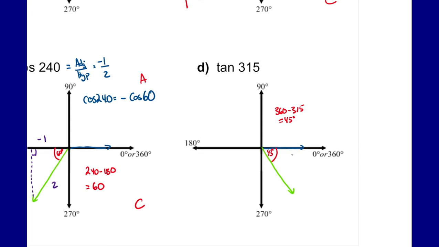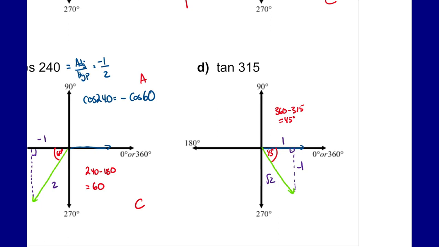If I make a right angle triangle, you can see it's going to form a special triangle with 1, 1, and root 2. But the base, so to speak, or this top one here, is going to be positive. That's in the positive direction. But this one over here is going to be negative because it's going down. So you can think of it that way.